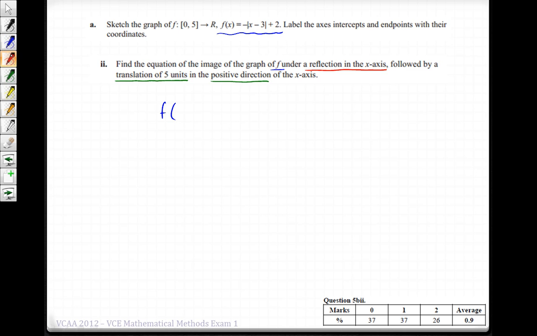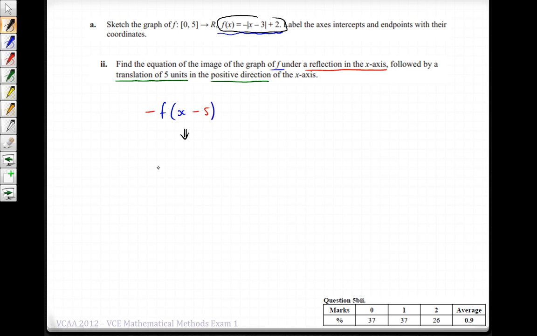Our first thing is we're going to reflect it, where we need a negative out the front, and the next thing is if we want to move in the positive direction, we're going to need to use an x minus 5 in the bracket.